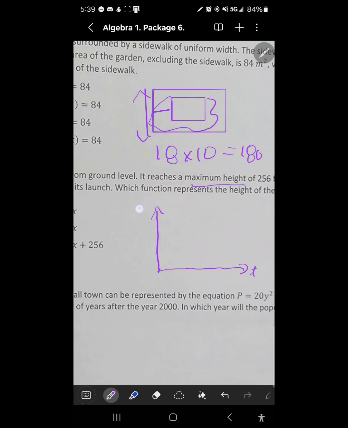So this is the height. Let's say height. This is 4 and this is 8. So it should be something like this. When 4 is the top one, is the maximum, and this equals 256.